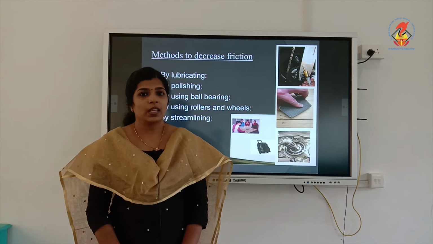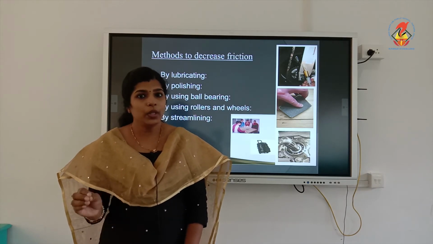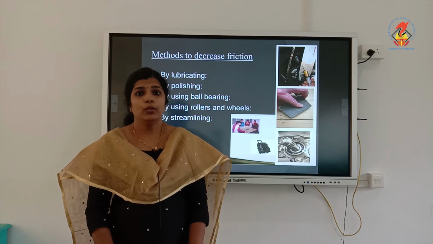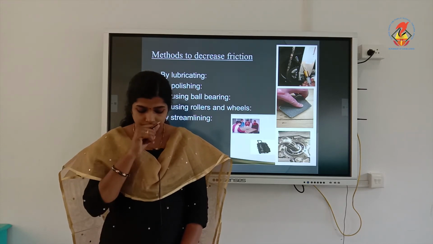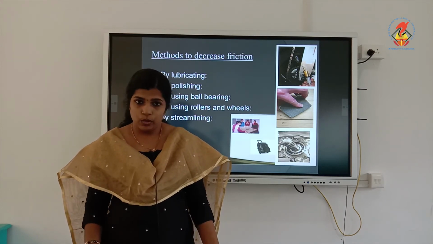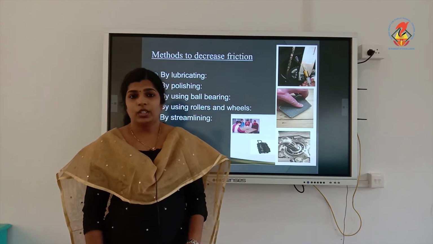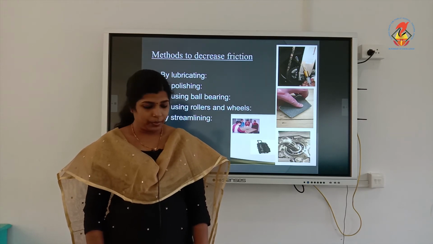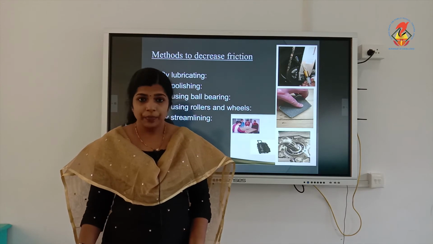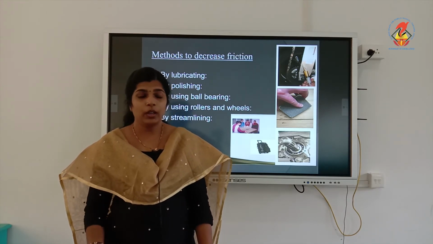But in some cases, oil or grease cannot be used as a lubricant. In that case, an air cushion between the moving parts can be used as a lubricant to reduce friction. In the same way, talcum powder is used when you are playing carom.